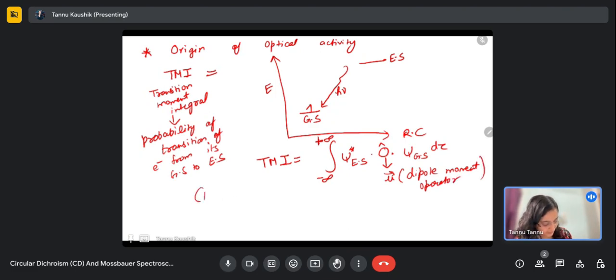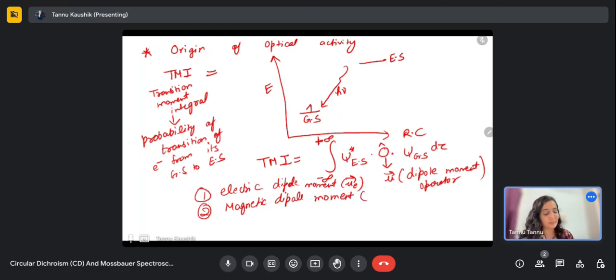We have already discussed that there are electric dipole moment, mu e, and magnetic dipole moment, which is a weak effect because the magnetic field is weak with respect to the electric field.